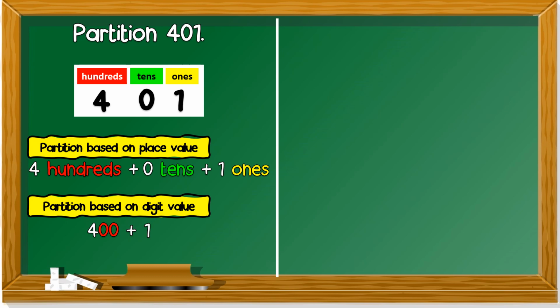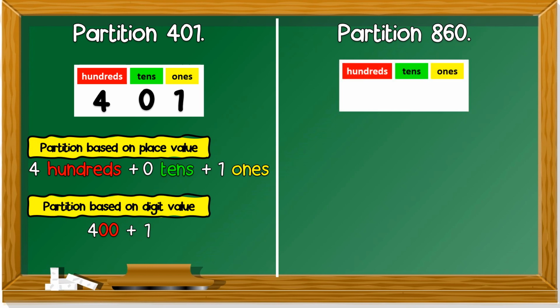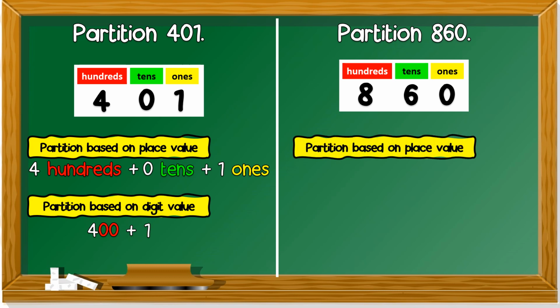Next example, partition 860. Number 1, you draw the table. 2, you put the numbers in. Okay. When we partition based on place value is 800 plus 6 tens plus 0 ones.